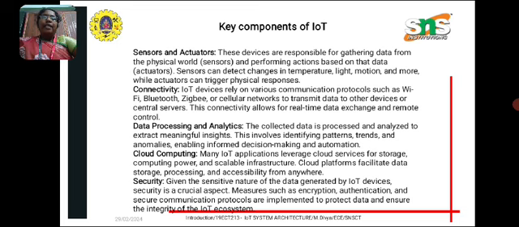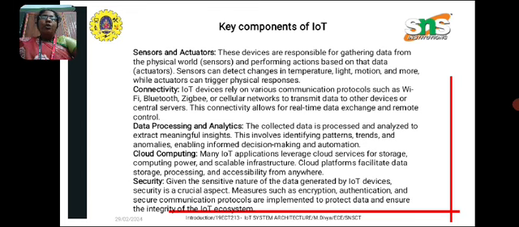Sensors can detect changes in temperature, light, motion, and more, while actuators can trigger physical responses. Connectivity: IoT devices rely on various communication protocols such as Wi-Fi, Bluetooth, Zigbee, or cellular networks to transmit data to other devices or central servers.